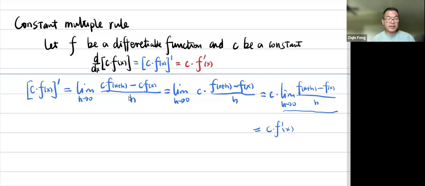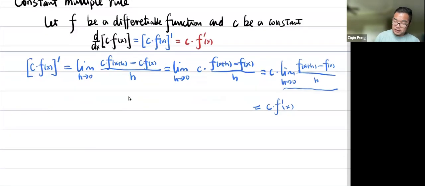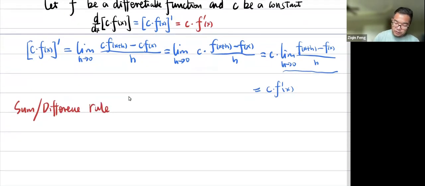Okay, then you can get a new function by taking a sum or difference. So let's see the sum and difference rule. Suppose we have two differentiable functions, which means the derivatives exist.